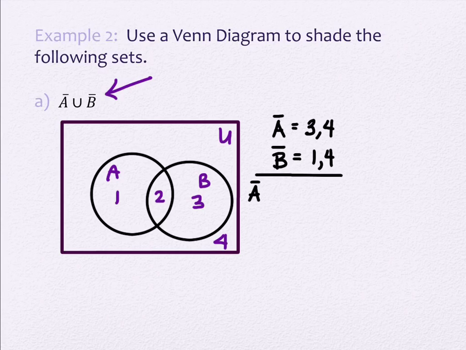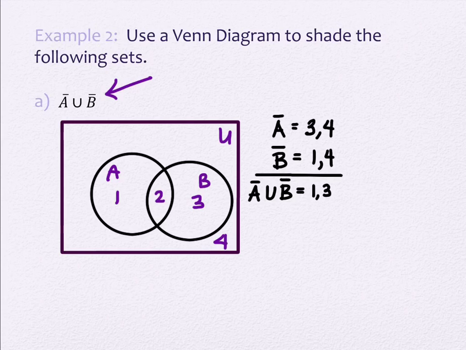Well, what we're trying to do on this one is we're trying to find A complement union B complement. And if you remember from last time, union means I get everything. Everything in either A or B or both. So what numbers are in A or B or both?